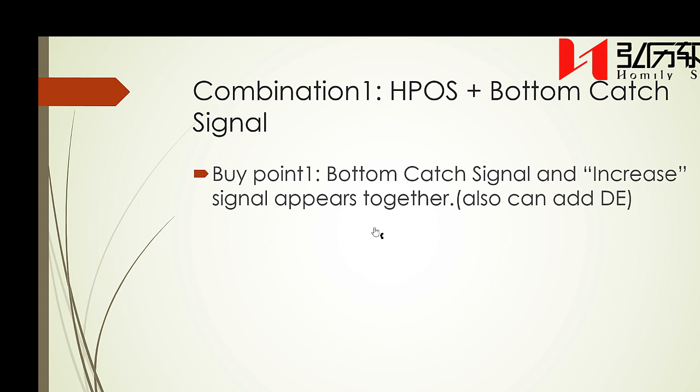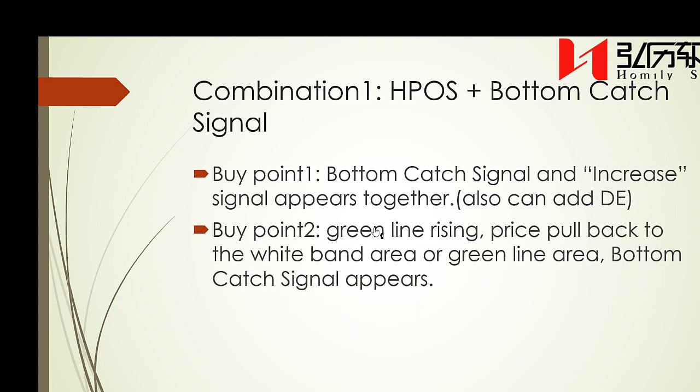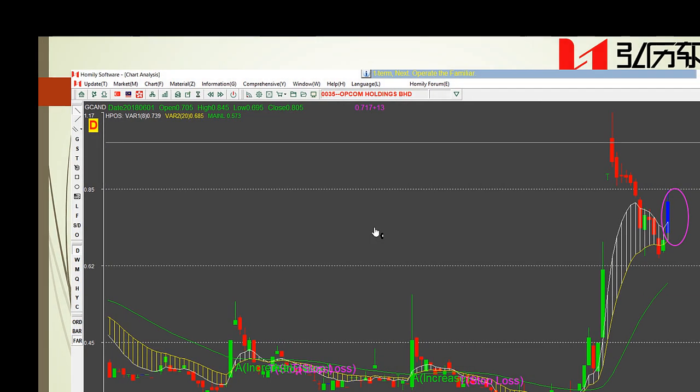Also, we can add DE, deviation expert. So three buy points will be better. Two is also enough. We can see the second buy point is when the green line is rising after the price correction. This is the correction and the buy point after the price correction. So the green line is rising.